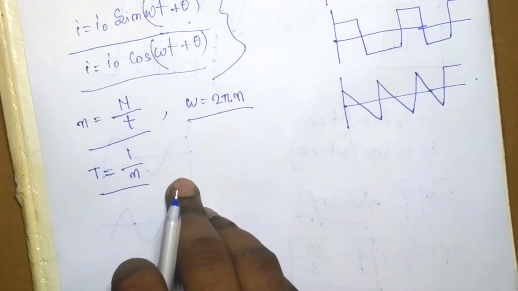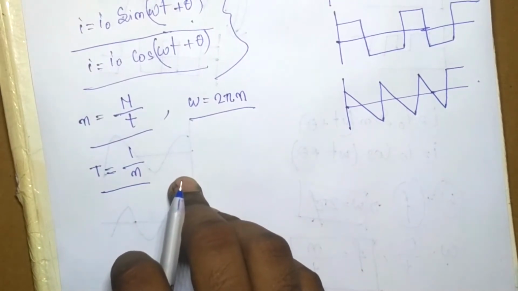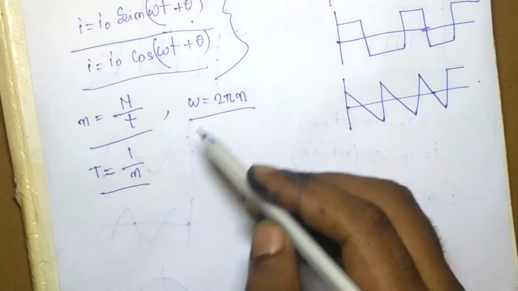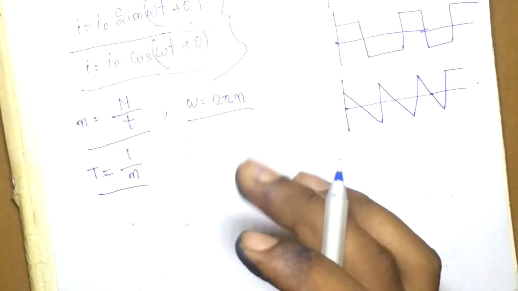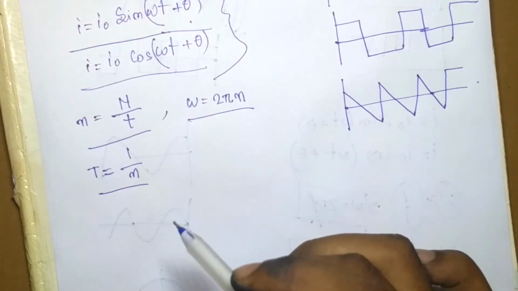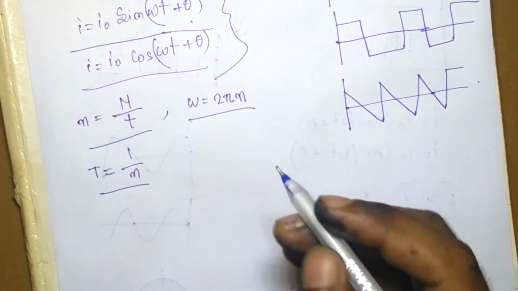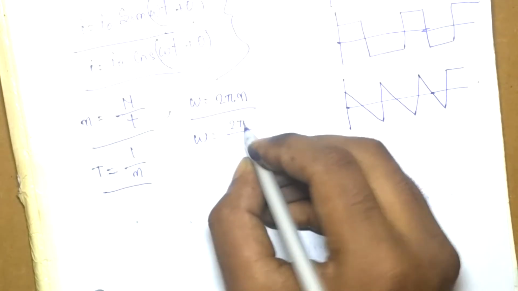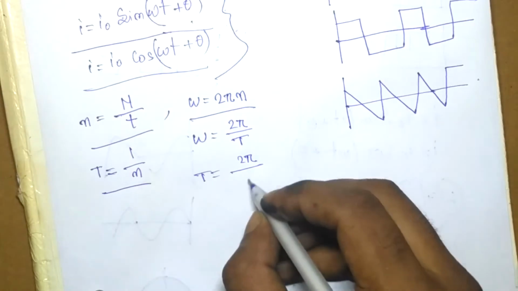Now we can prove these relations easily. So the proof of these relations is left for you. If you are unable to prove these little relations, I'll help you, but for this moment I'm not giving the explanation of how we can prove T equal to 1 by n and omega equal to 2 pi n or omega equal to 2 pi by T or T equal to 2 pi by omega.